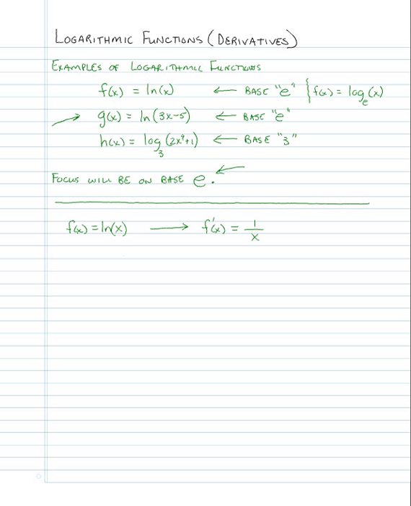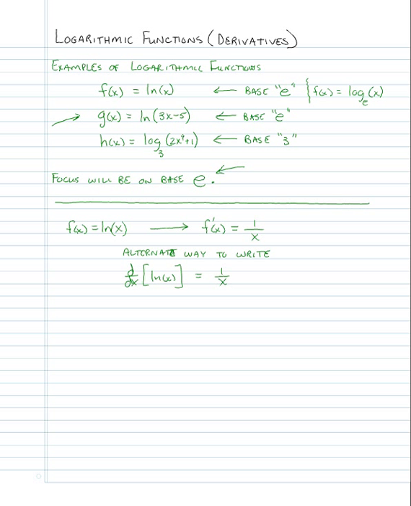An alternate way to write this is without the function notation at all, and that's when we say the derivative of natural log of x with respect to x is simply 1 over x.